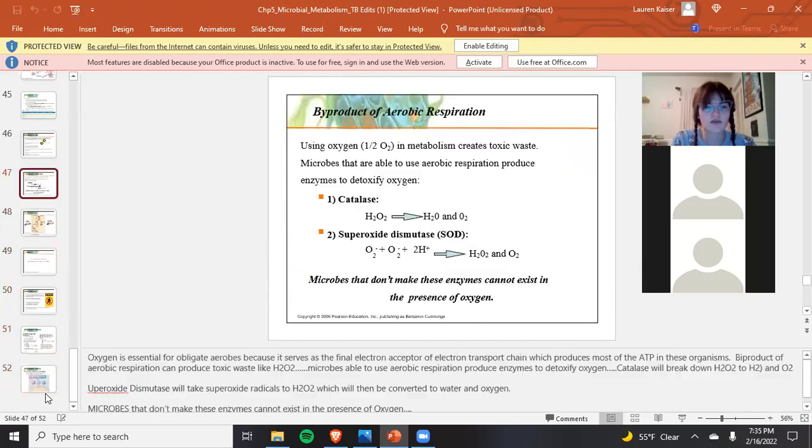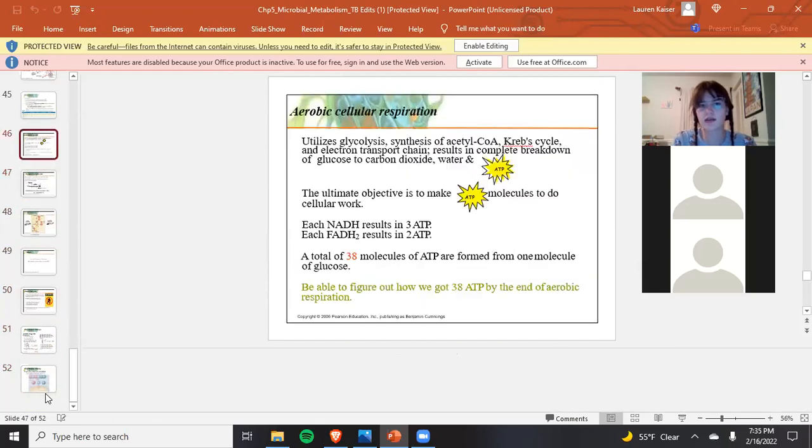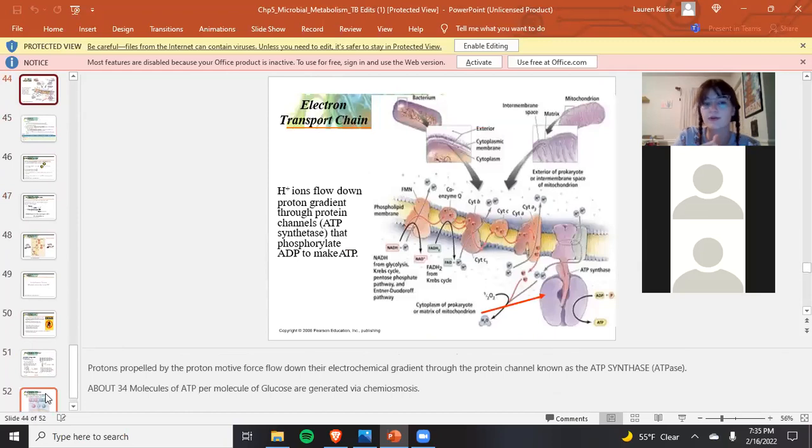Okay. So is that pretty good on the aerobic portion, the electron transport chain? Yes, thank you. And if I didn't explain it the way you needed to hear it, please tell me. I'd rather have that happen than you just say, I'll figure it out, and then I don't know.